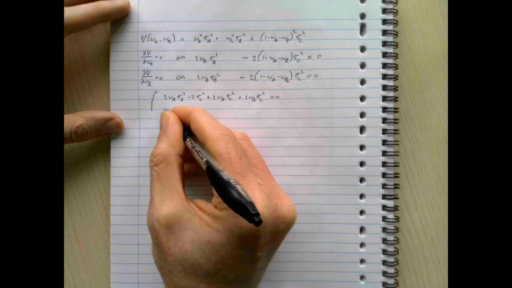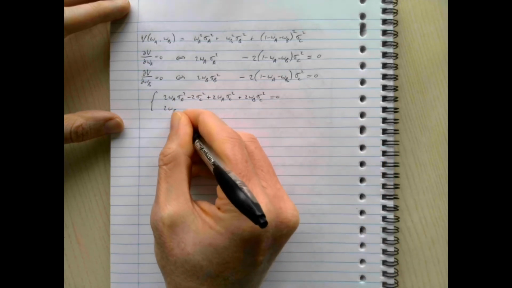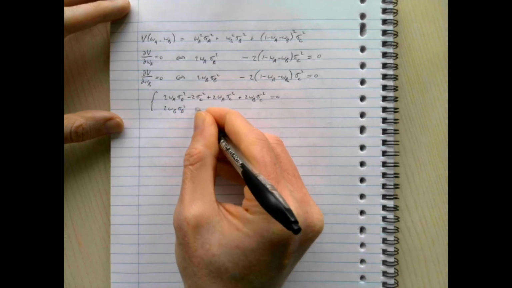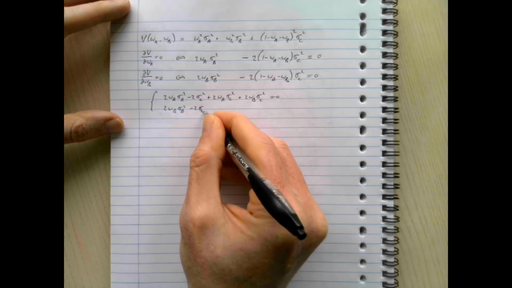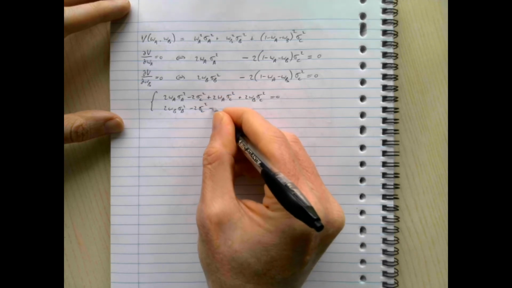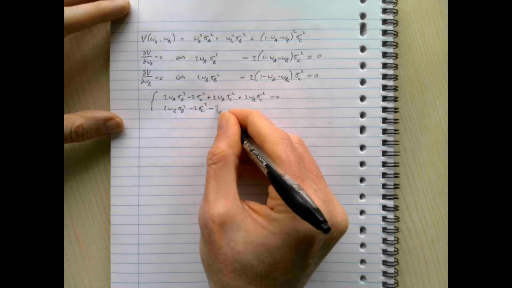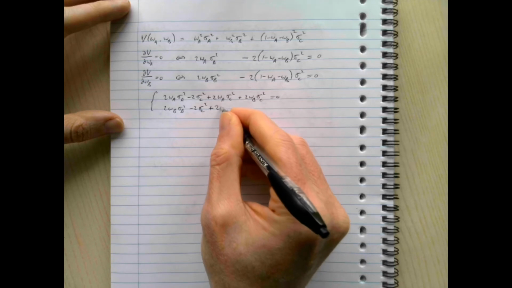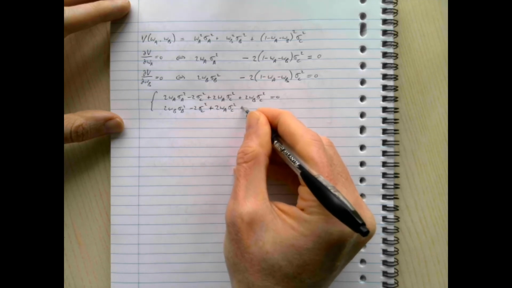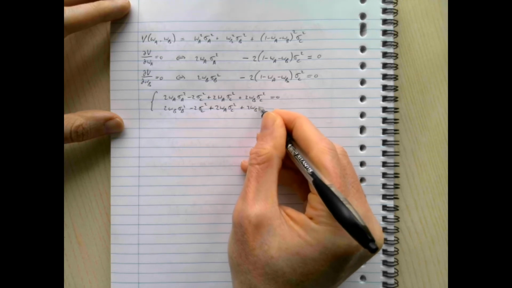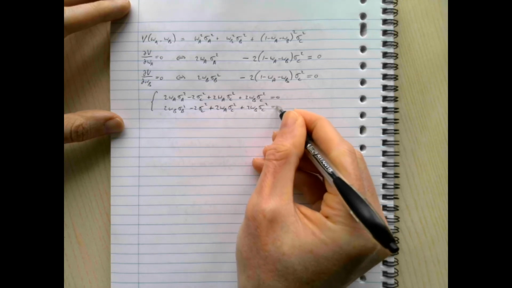That's the first equation, and similarly the second equation gives us something which looks almost the same: plus 2 WA sigma C squared plus 2 WB sigma C squared equals 0.